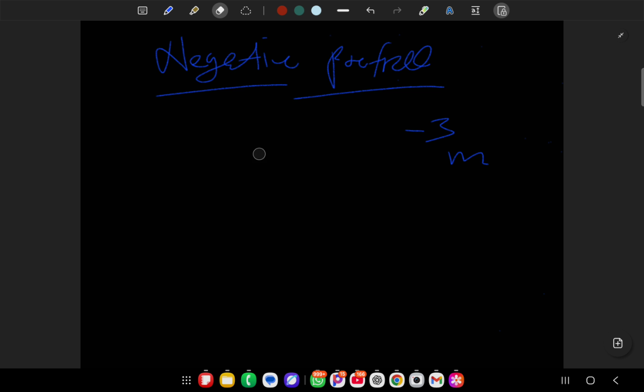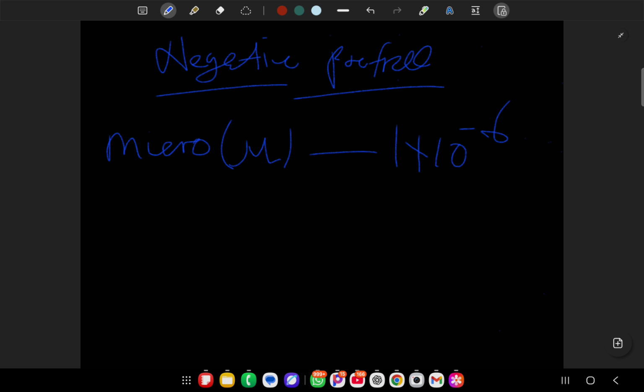Another one that you need to know is micro. I'm talking about the negative prefixes here. Micro, the symbol is something that looks like u, but not really a u. What's the meaning of micro? It means 1 times 10 to the power of -6.